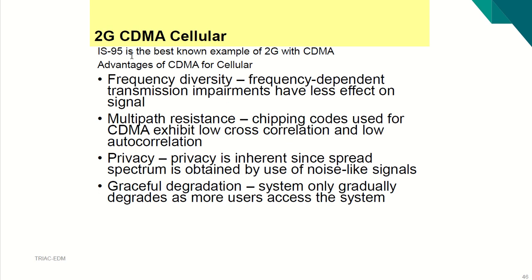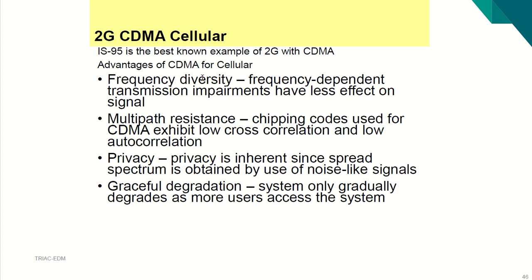Then there is the CDMA cellular. IS-95 is the best known example of CDMA. Then advantages of CDMA for cellular. It has frequency diversity because it occupies all frequency bands.